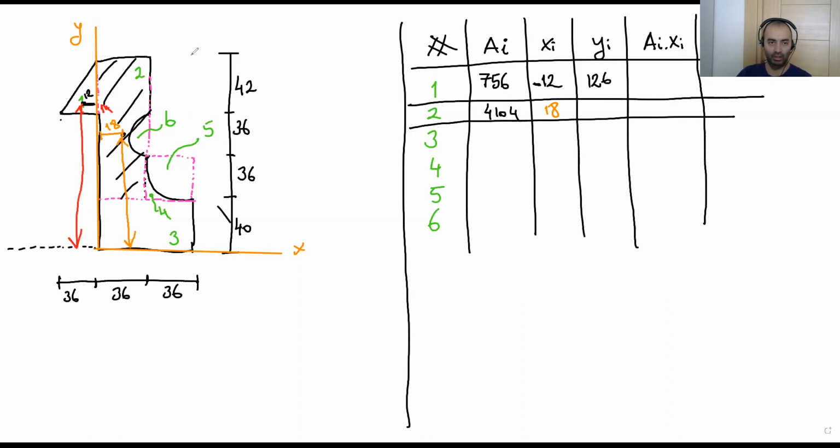So totally this part is 114 from here to here, these two points. Half of it is 57, plus 40. 40 is at this part. So 57 plus 40 is 97.